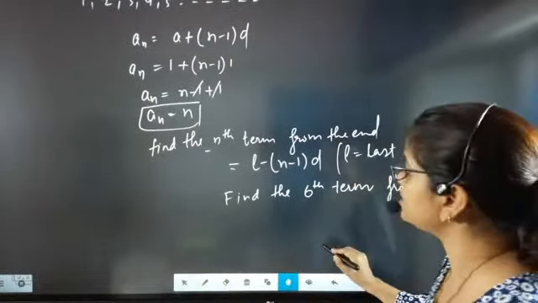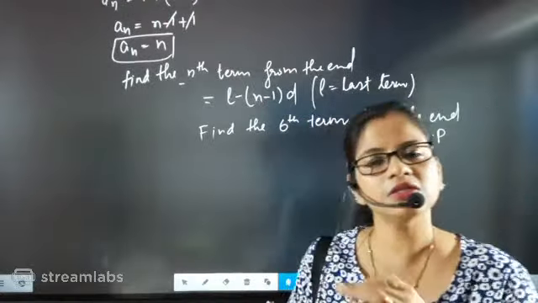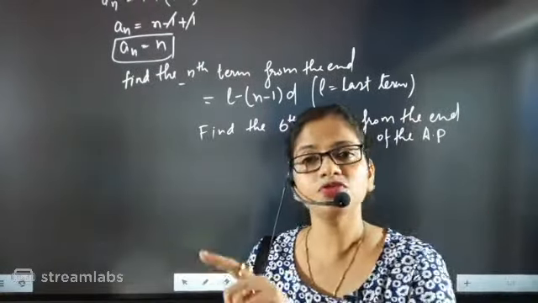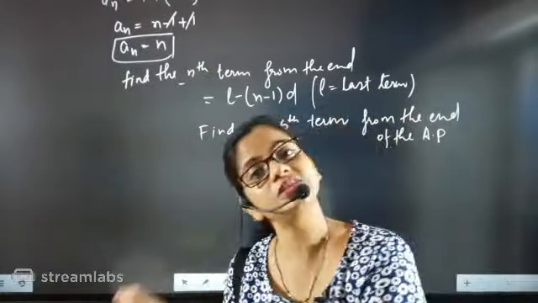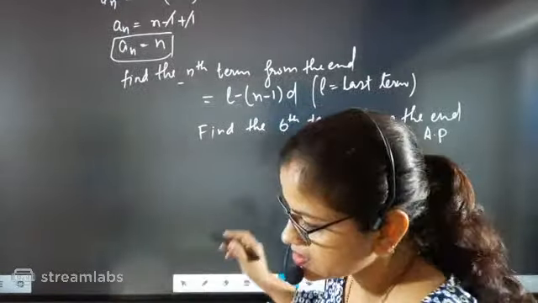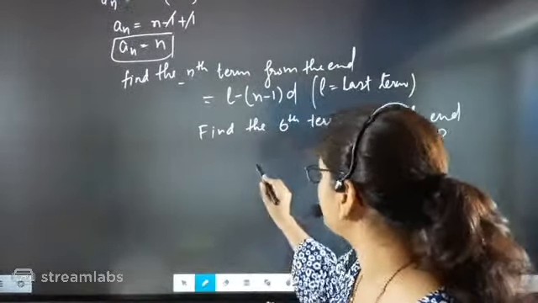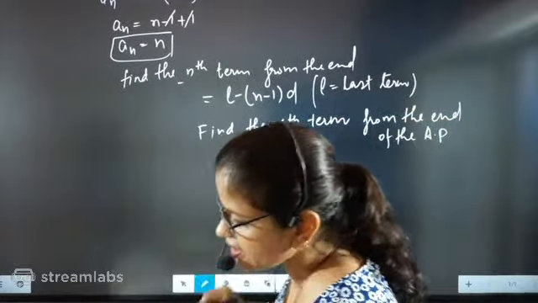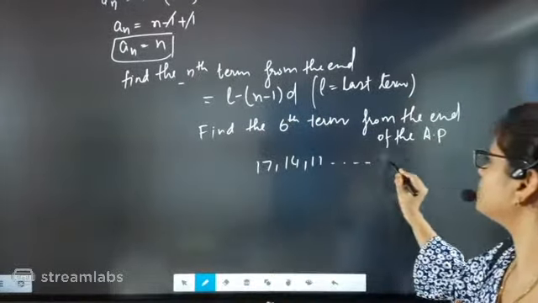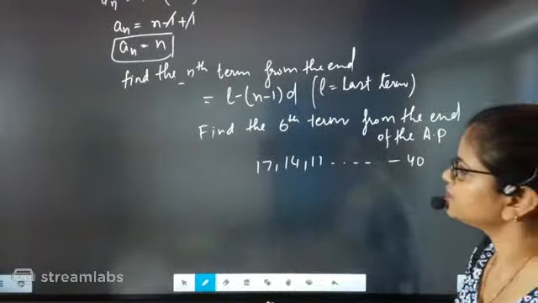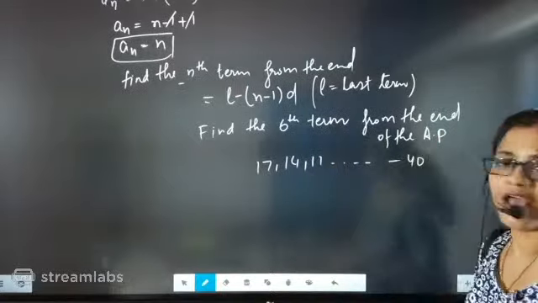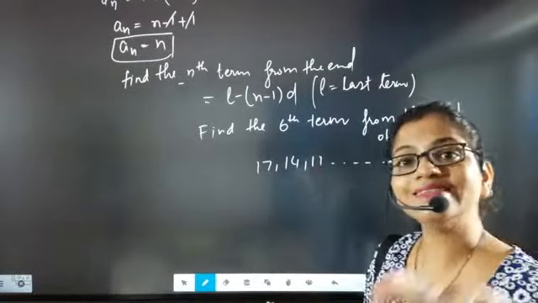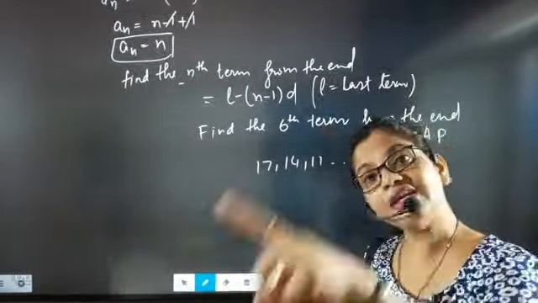Sixth term from the end means this time the sequence is there, and you have to check the sequence from the opposite side. So first see the sequence and then I'll tell you what you have to do. 17 is there, 14 is there, and then 11 is there, and so on, and minus 40 is there. They are telling you to find the sixth term from the end.